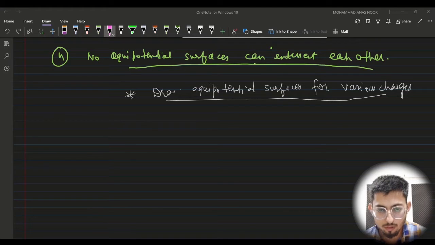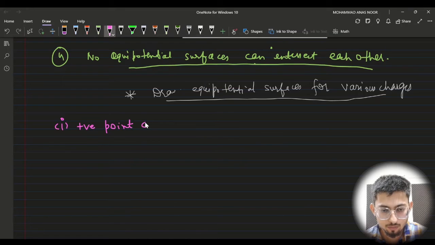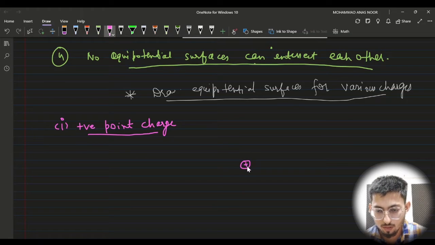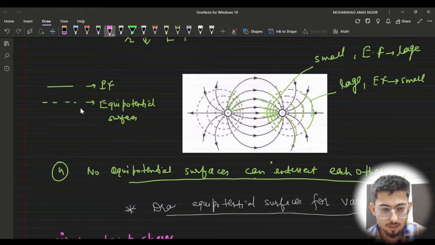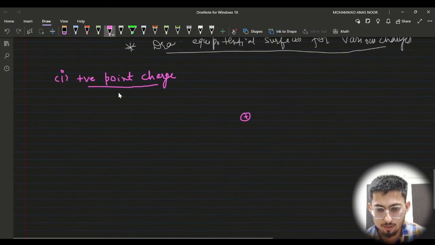Let's take a positive point charge. So this is some positive charge. Again, this nomenclature is fixed now. This dashed line represents the equipotential surface, and this straight line represents the electric field.